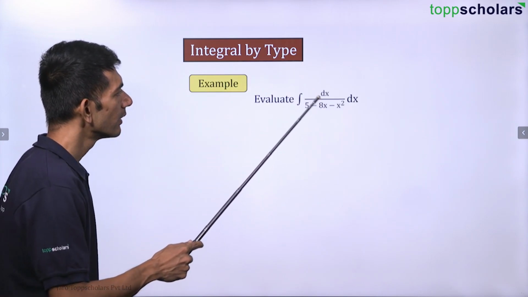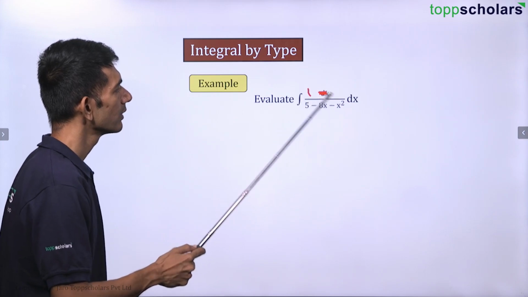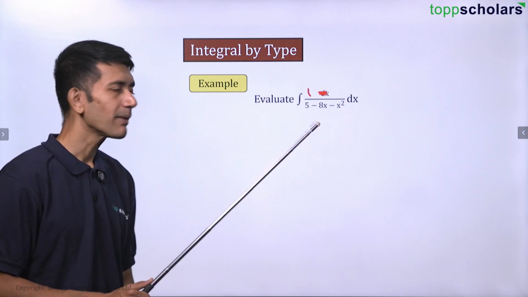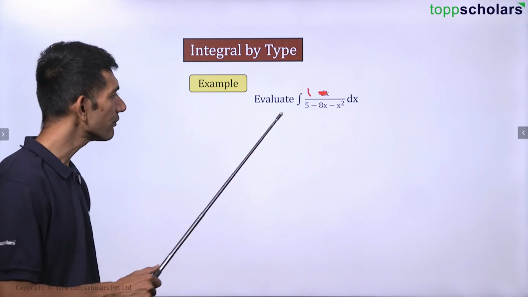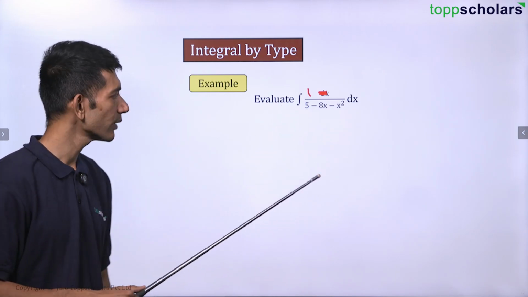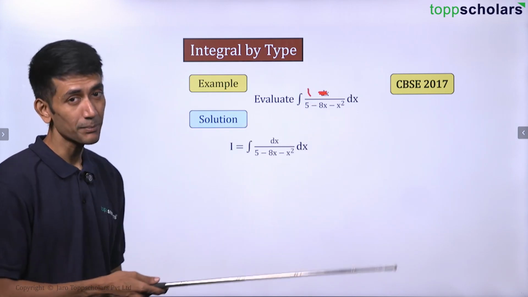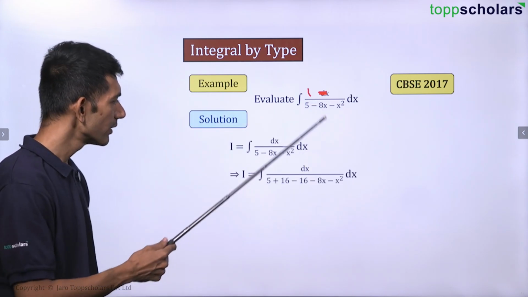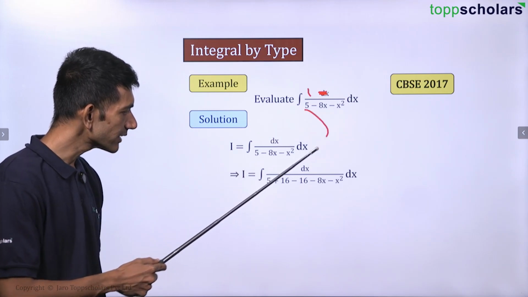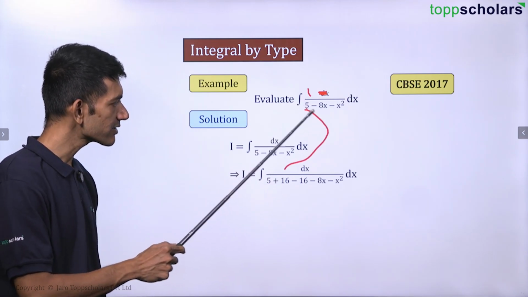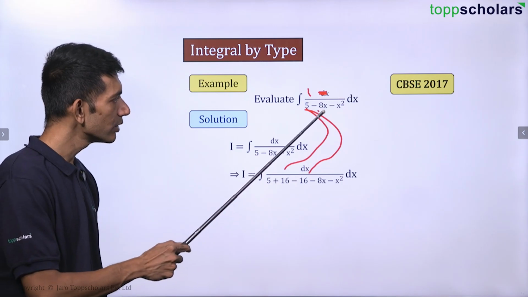Evaluate integration of 1 by 5 minus 8x minus x square. So we have 5 minus 8x minus x square. So again what you can do is, you need to add and subtract something, right? So what I'm doing is I'm adding 16 and I'm subtracting 16. Why are we doing that?